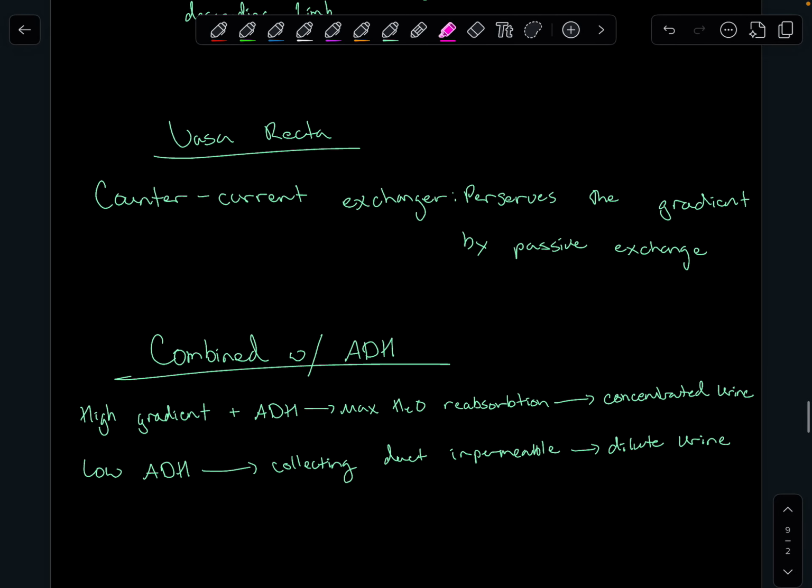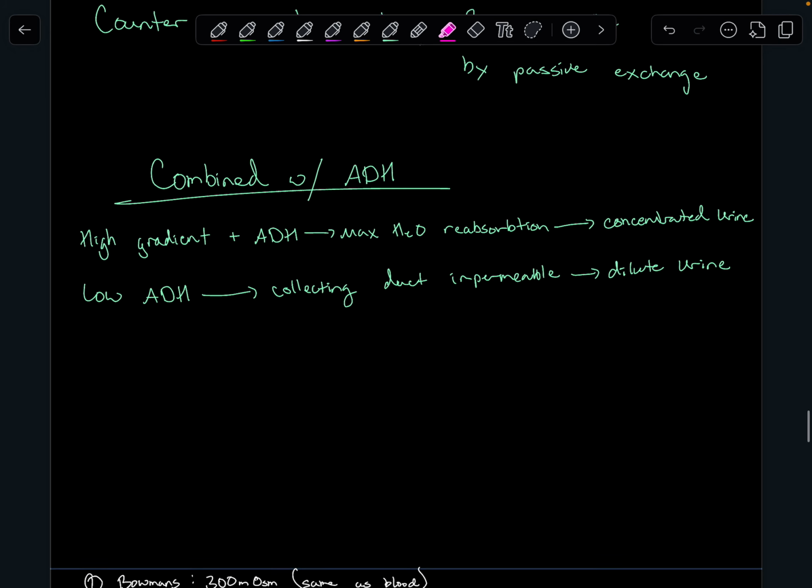Now, the vasa recta is just the capillary, or the vasculature, in the medulla, and it creates this countercurrent exchanger, which preserves the gradient by passive exchange. And then we'll talk about how this is combined with antidiuretic hormone. So a high gradient plus ADH will lead to max water reabsorption, which is good.